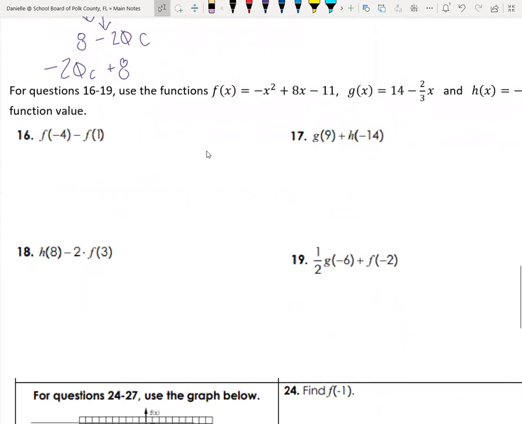We're going to move on to 16. Now, we're doing two functions at a specific value. So we're going to do like we did on the front, negative 4. So I'll have minus negative 4 squared plus 8 times negative 4 minus 11.